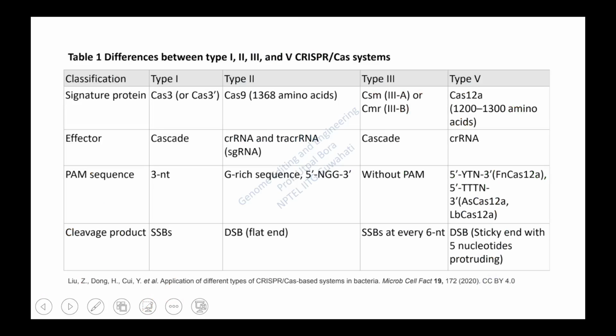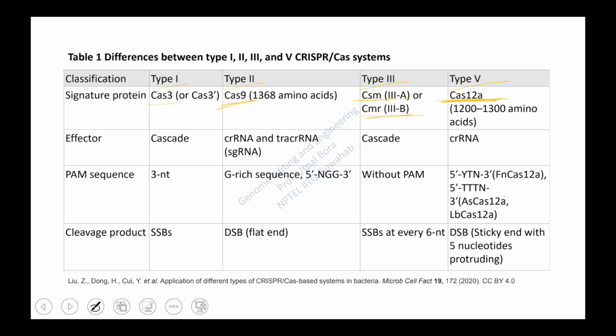These Cas9 or CRISPR-Cas systems are divided into 2 classes, class 1 and class 2, and there are several types, type 1, 2, 3, and so on. The Cas protein differs in different types. In type 1 you have Cas3, in type 2 you have Cas9, in type 3 you have Csm3 and Cmr3, and in type 5 you have Cas12a.